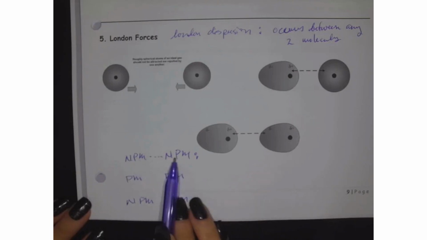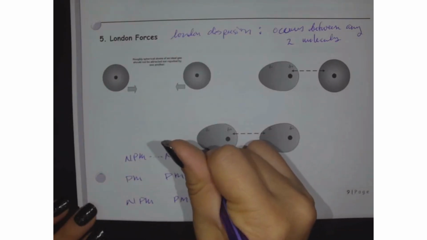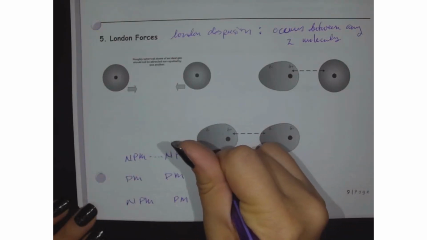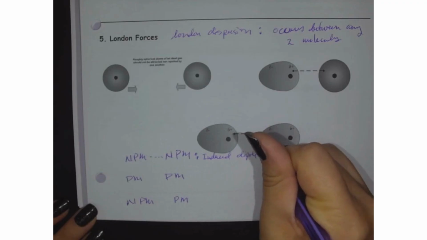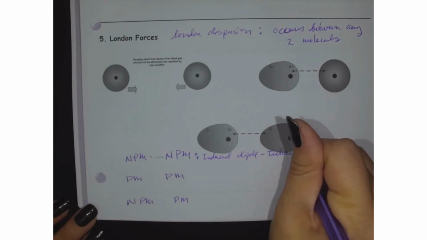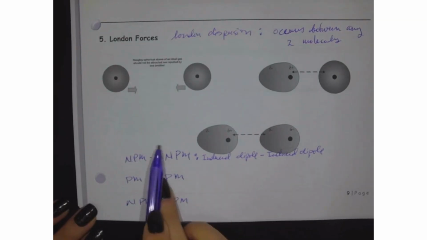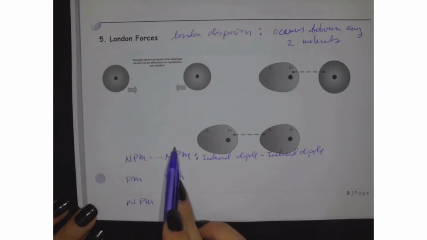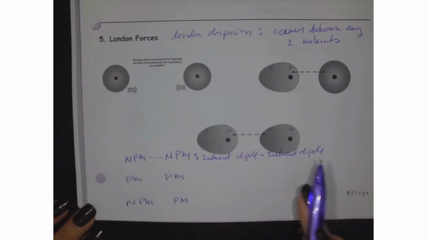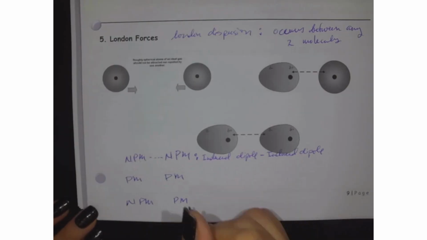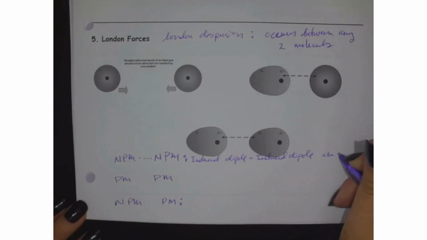Now, if we want to be extra fancy, we could call this one induced dipole, induced dipole, because it's a nonpolar and a nonpolar. So nonpolar induced dipole, nonpolar induced dipole, okay? AKA London dispersion.